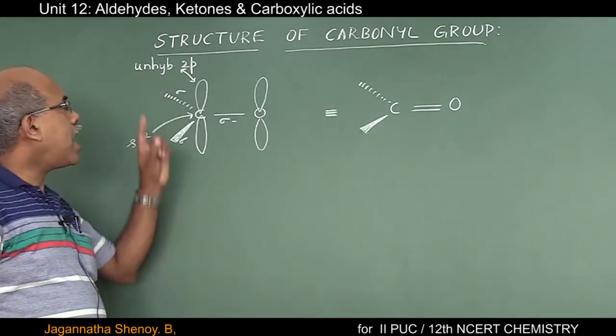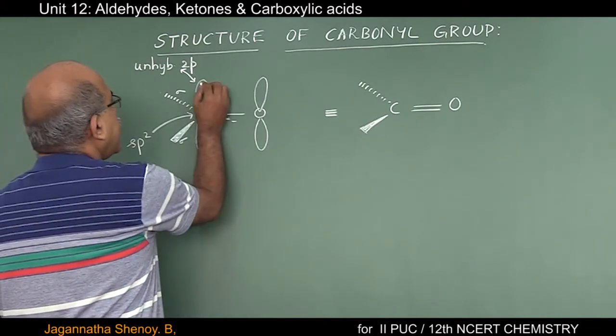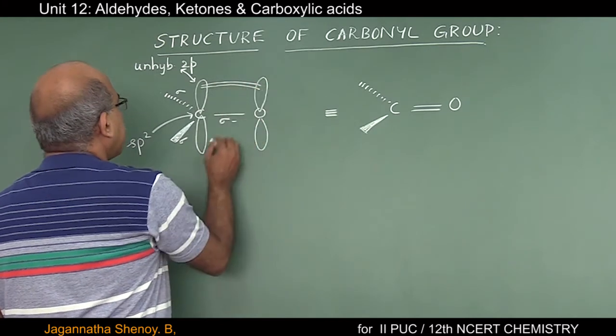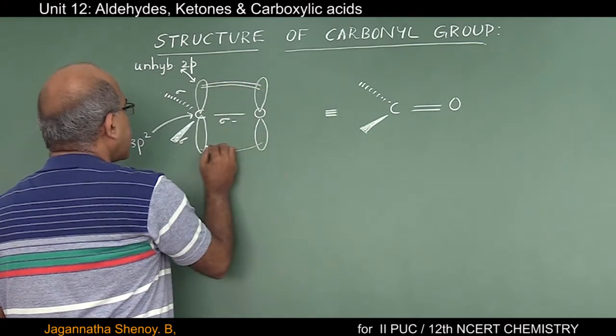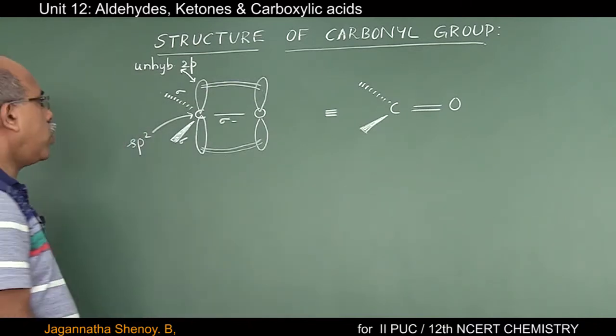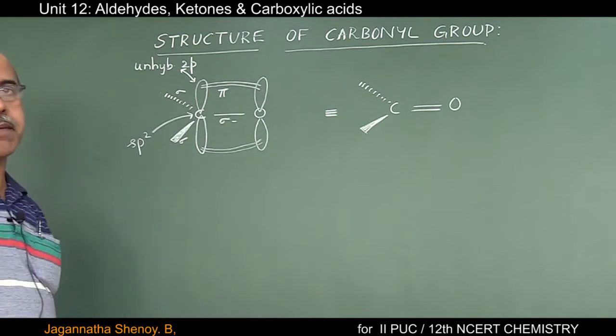And this unhybridized 2p orbital of carbon undergoes sideways overlapping with the p orbital of oxygen, resulting in the formation of a pi bond. So this will be the formation of the pi bond.